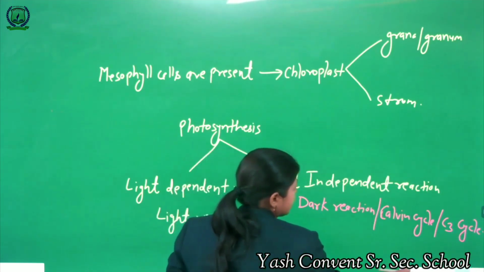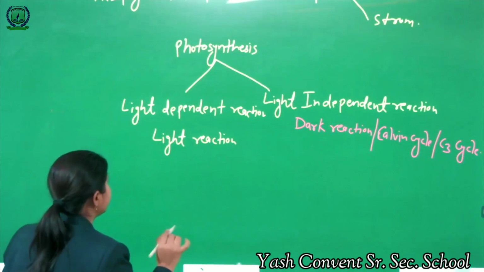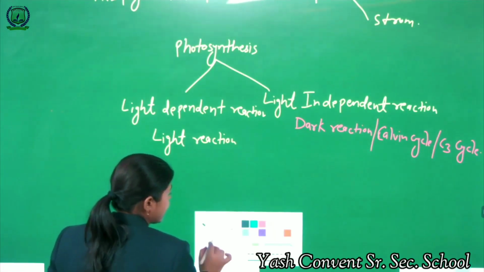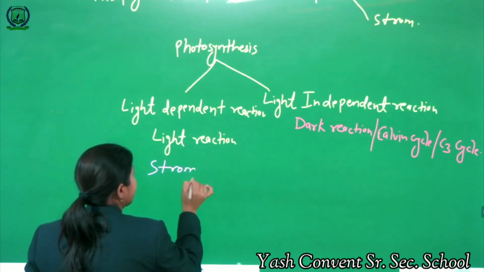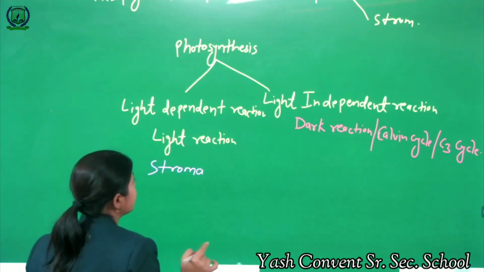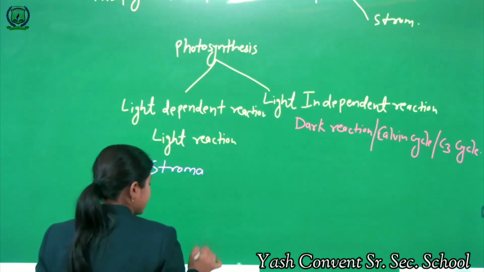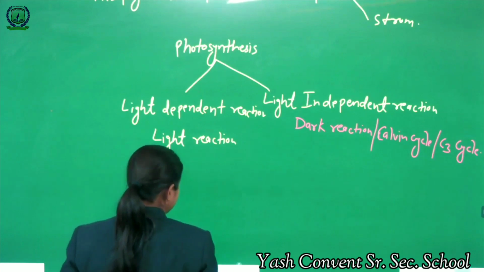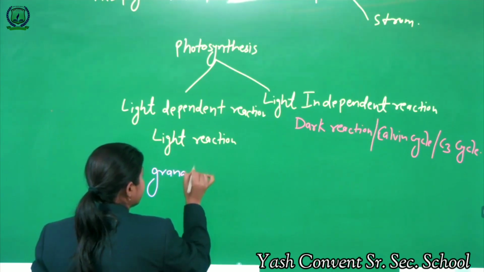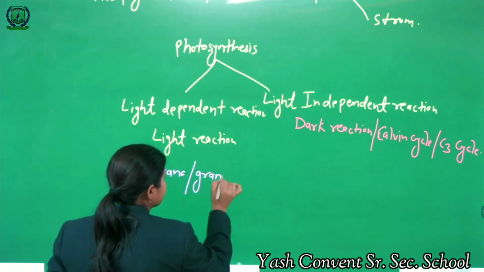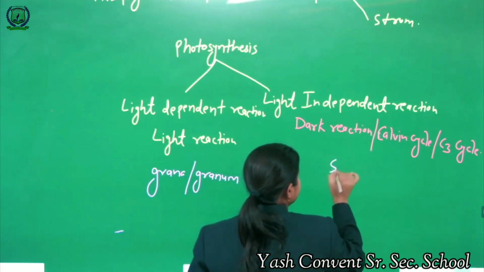Students, the light reaction is completed in the grana part of the chloroplast, and the dark reaction is completed in the stroma part.